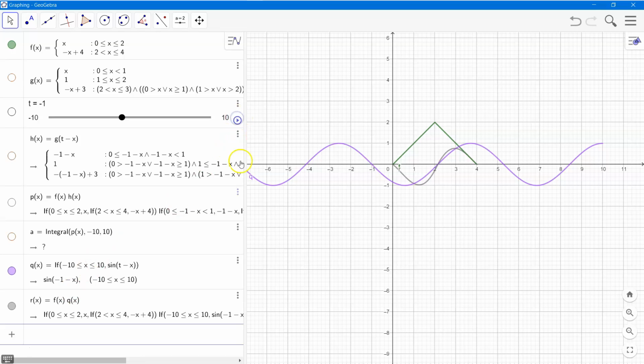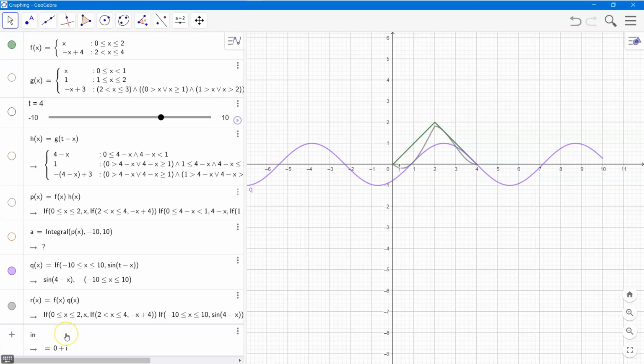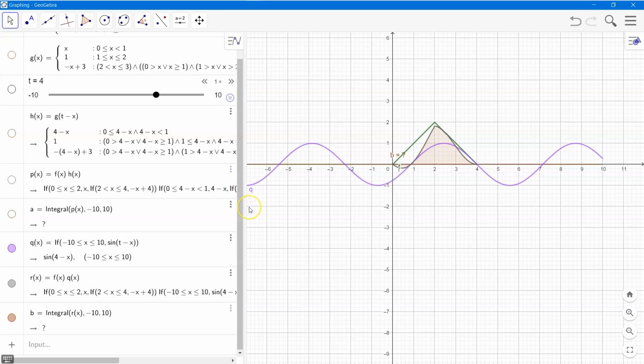So again, if we start the animation, the product curve is this, but what we want is the area under that curve. So we need to take the integral of r of x from minus 10 to 10. Now what's the fun? Yes.